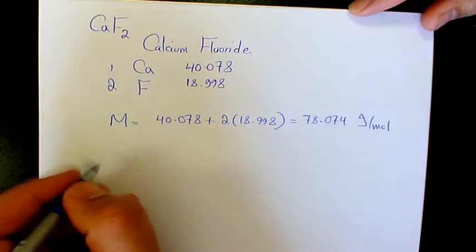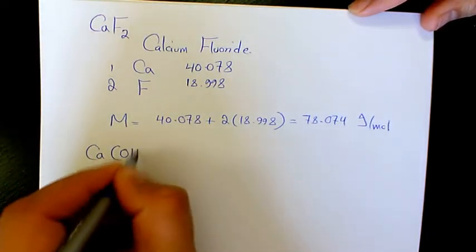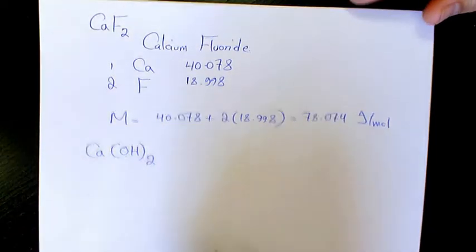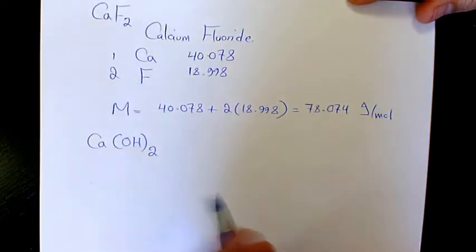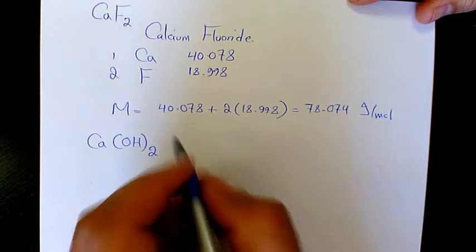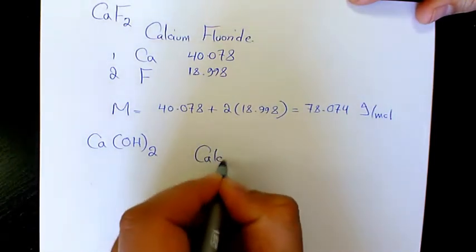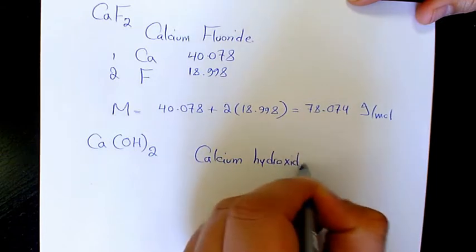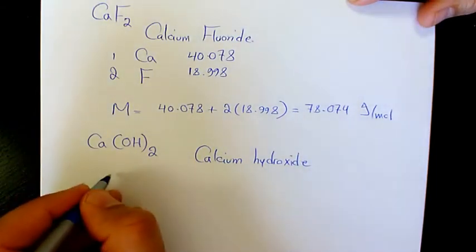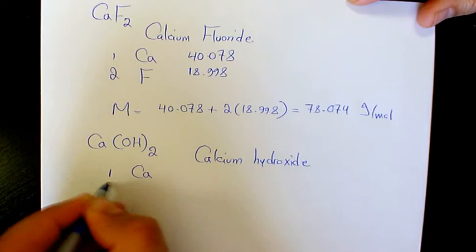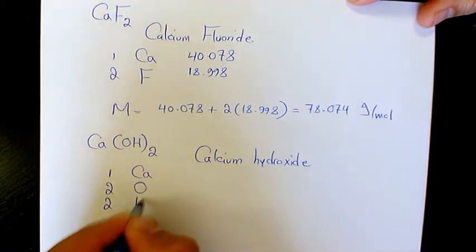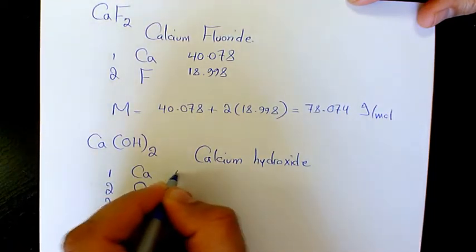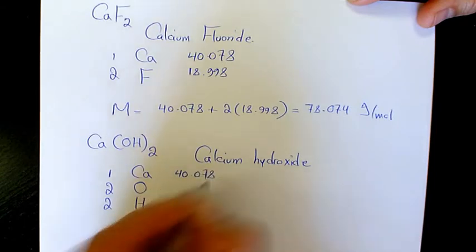Next compound is calcium hydroxide, Ca(OH)2. OH is another polyatomic ion, hydroxide. It's -1 and calcium is +2. So calcium hydroxide. So 1 atom of calcium, 2 atoms of oxygen, 2 atoms of hydrogen. Calcium is 40.078.